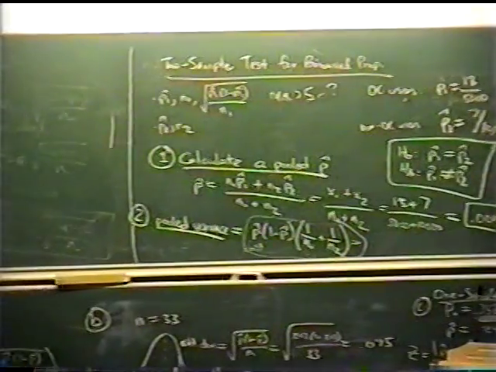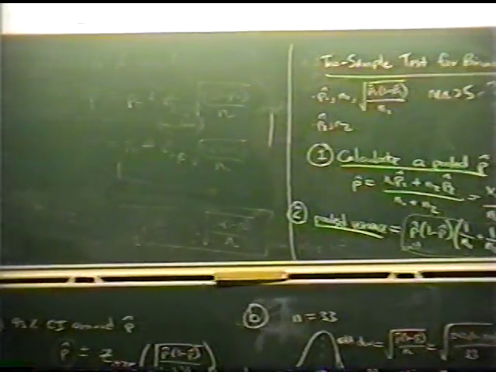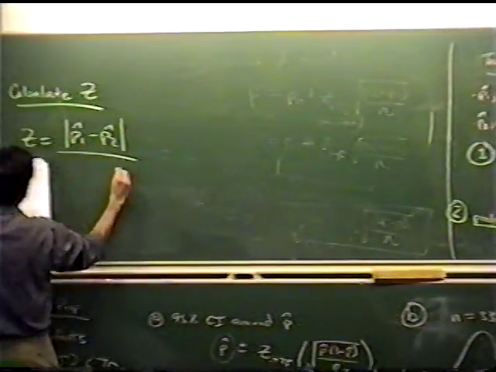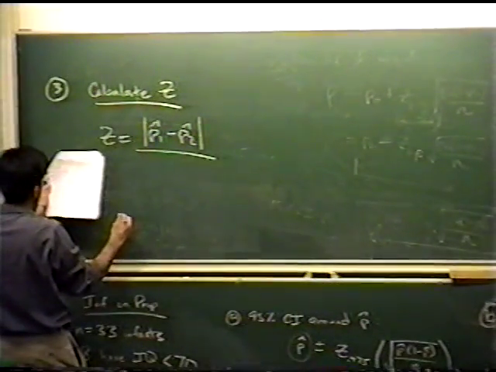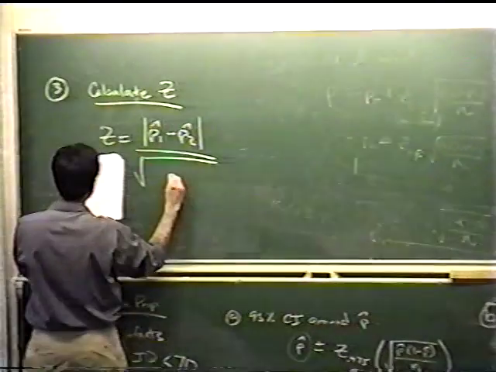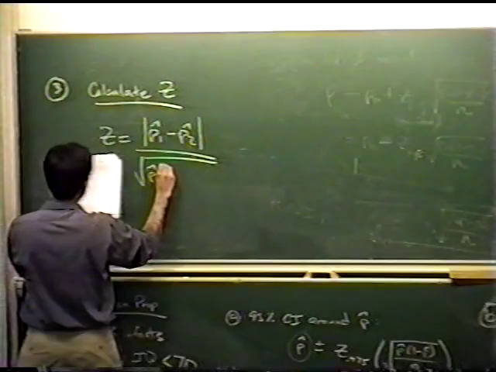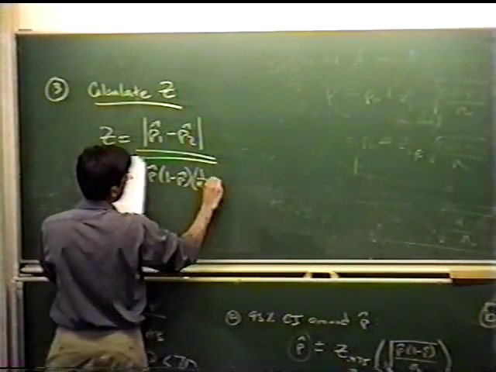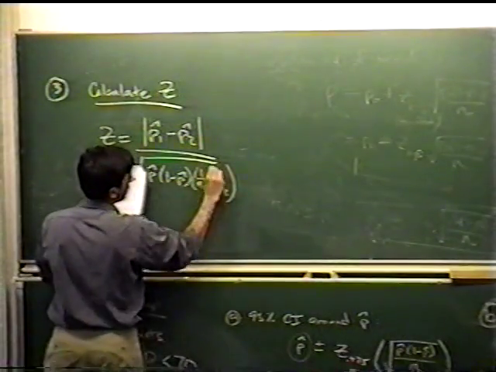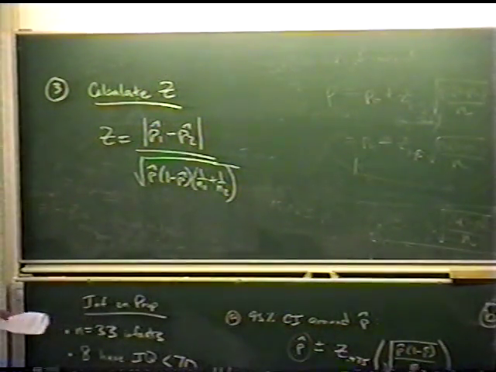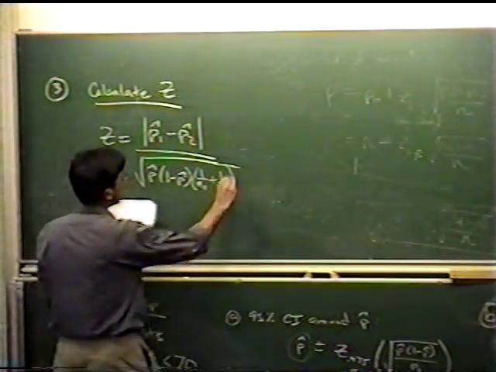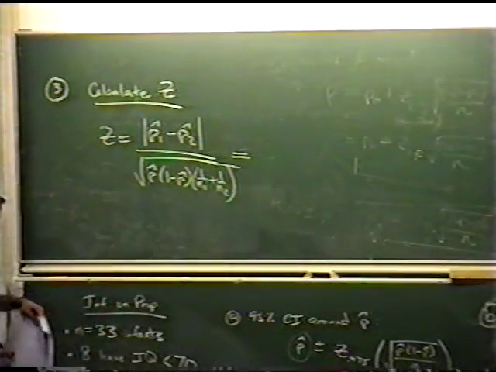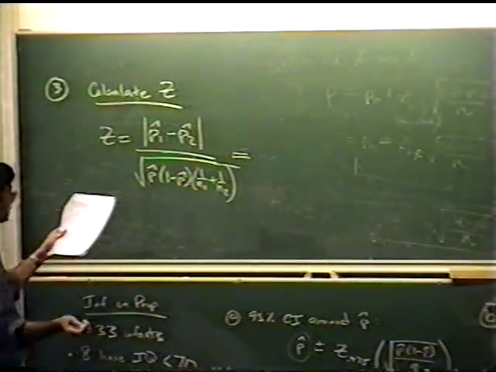Z is just equal to p1 minus p2 all over the pooled standard deviation, and that's equal to the square root of p hat times 1 minus p hat times 1 over n1 plus 1 over n2. It's that number over there that I didn't calculate. Alright. And so we have all those numbers.